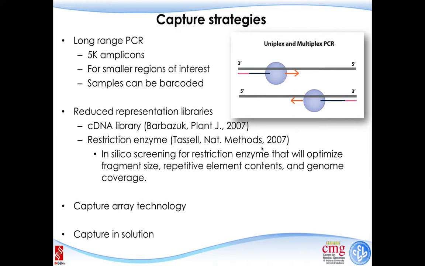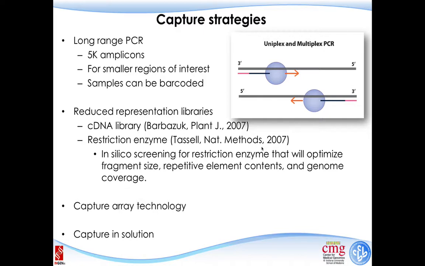Some people use reduced representation libraries, for example using cDNA libraries. You put down the exon regions because they have been transcribed into RNA, you convert that into cDNA, and use that as a probe to target it. We're not using that anyway, so we're not going to talk in much detail.